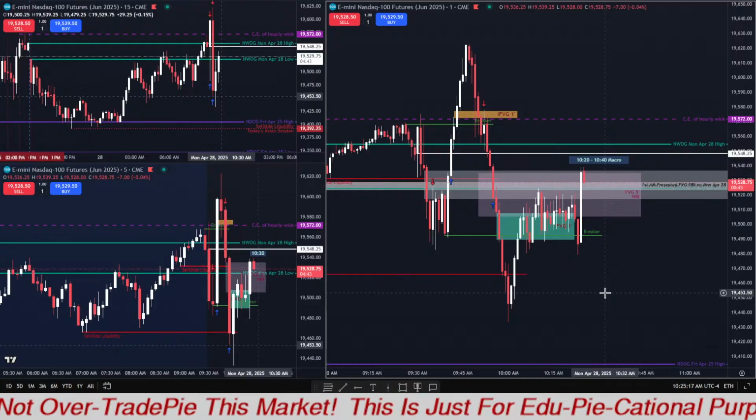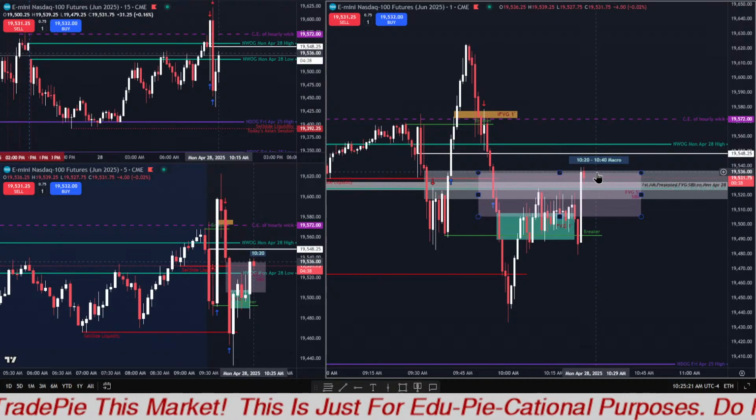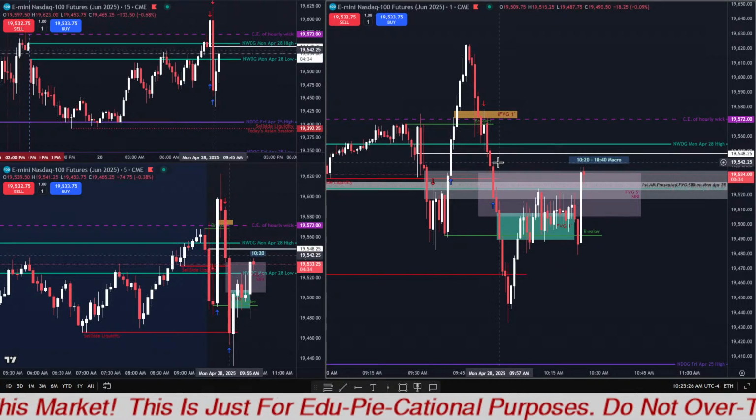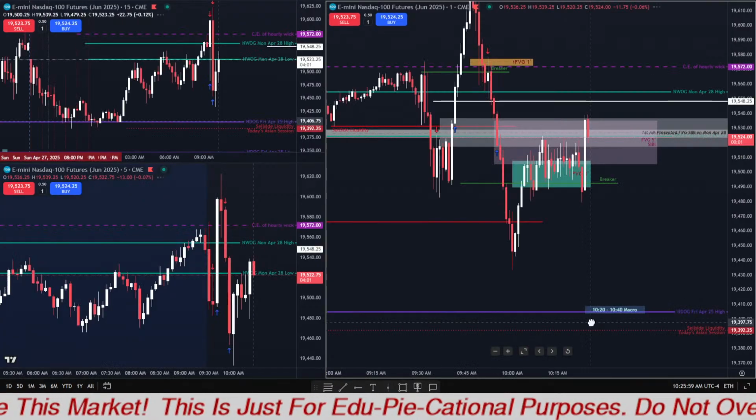At this point we traded above the 5-minute CB and we filled the whole first presented fair value gap.